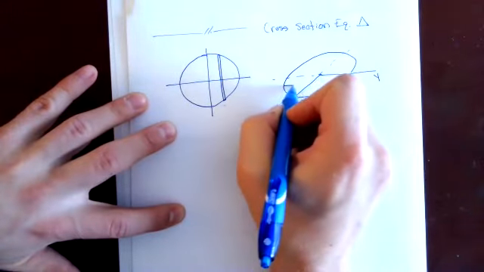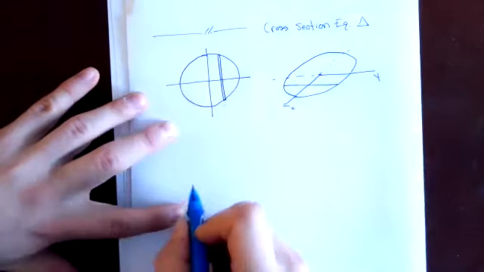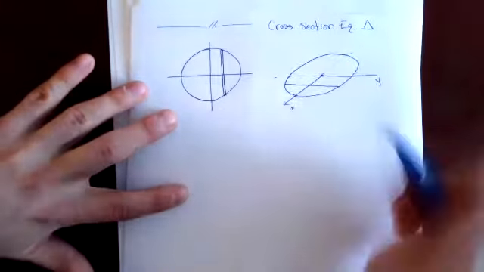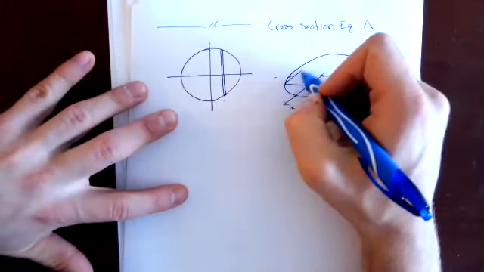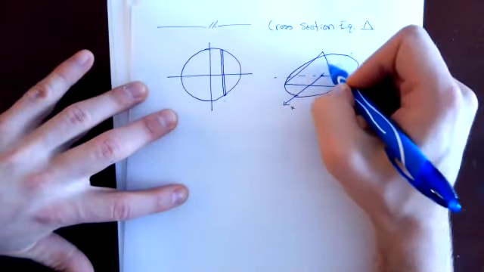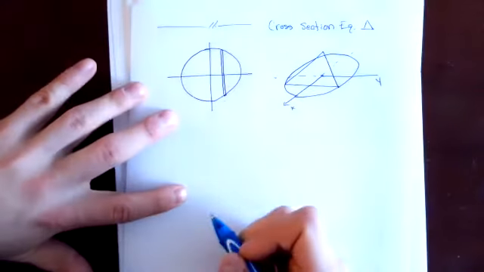We're taking cross sections perpendicular to the x-axis, and each cross section is a triangle.